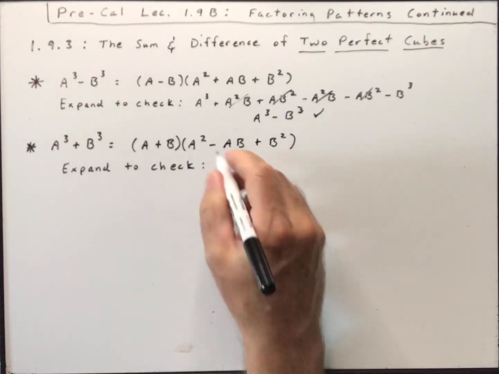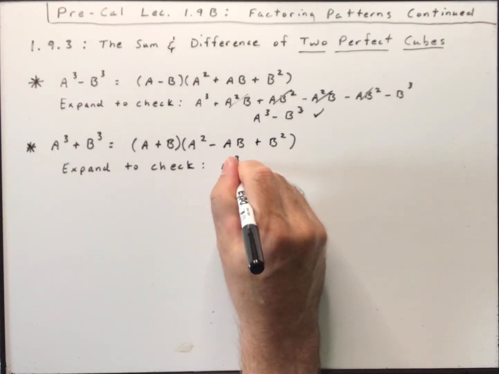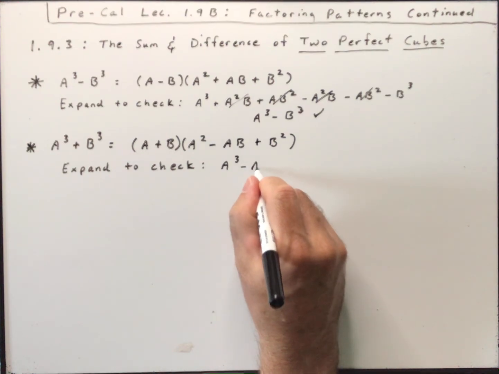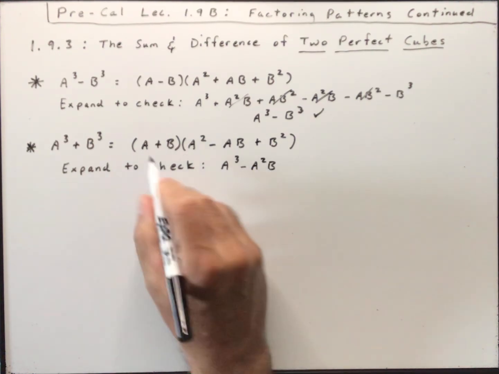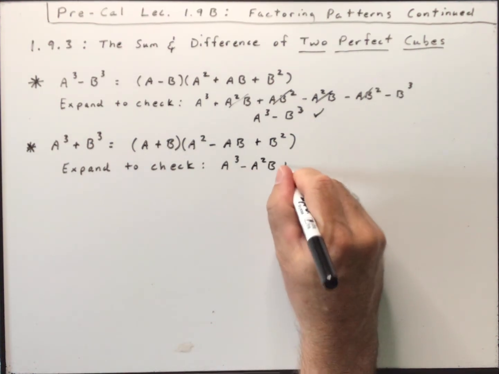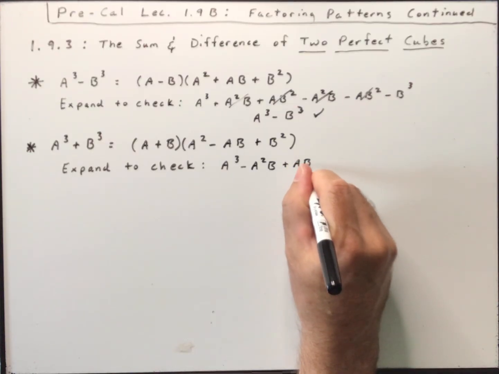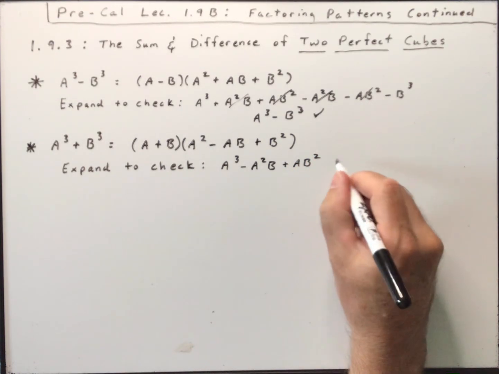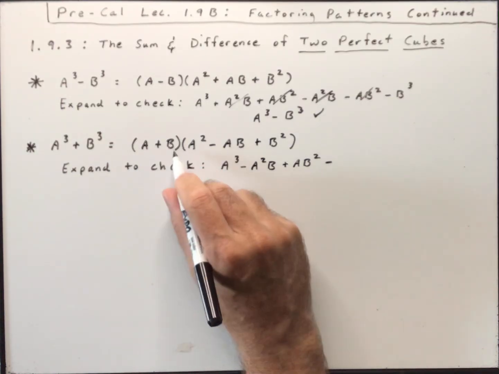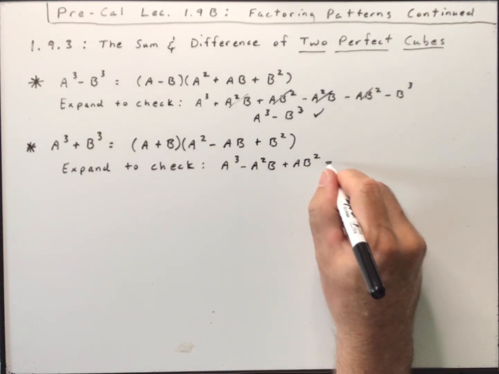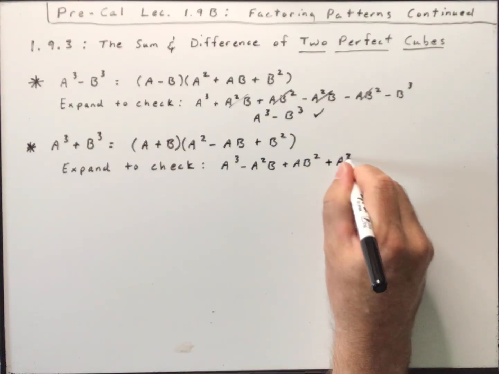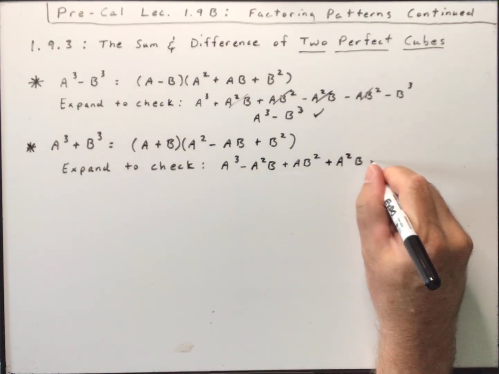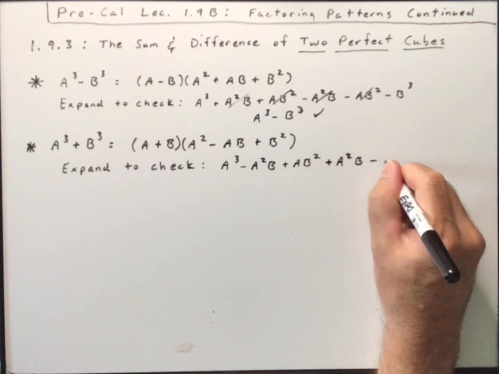So a times a squared would be a cubed, and then a times negative ab would be minus a squared b, and then a times b squared would be plus ab squared, and then b times a squared would be plus a squared b. B times negative ab would be minus ab squared.